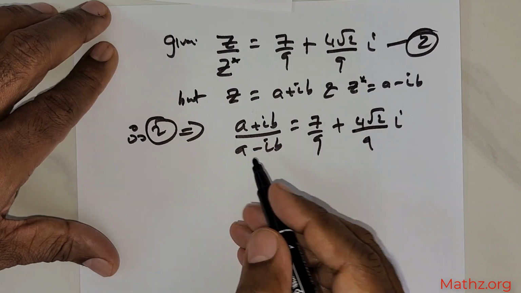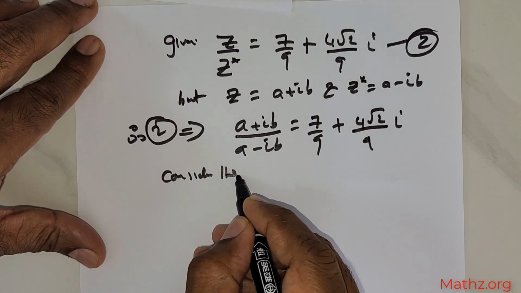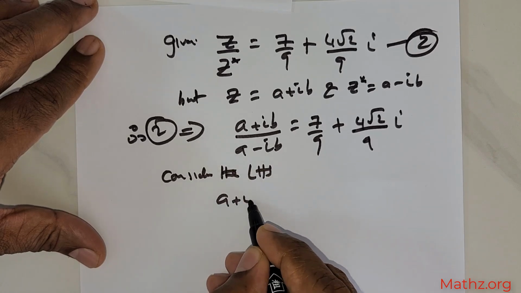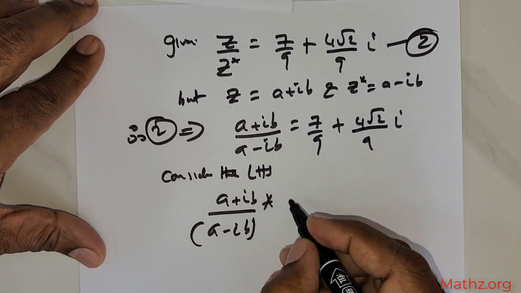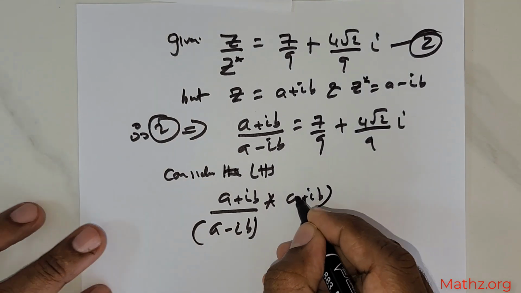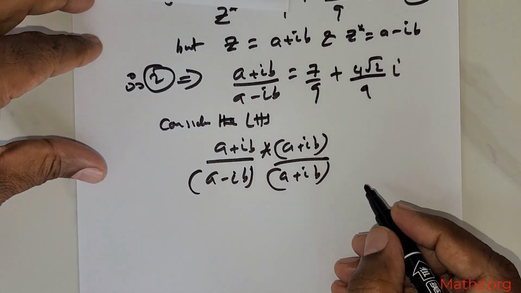Now what I'm going to do is consider the left hand side, a + ib divided by a - ib. I'm going to multiply by a + ib and divide by a + ib, conjugate multiplication.